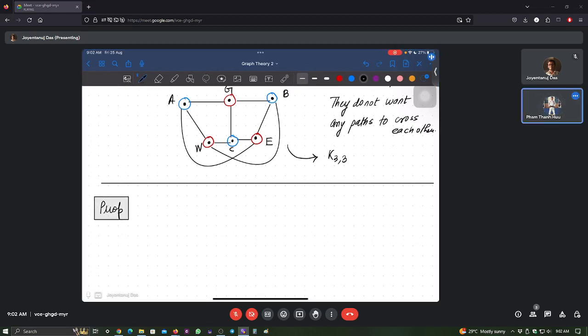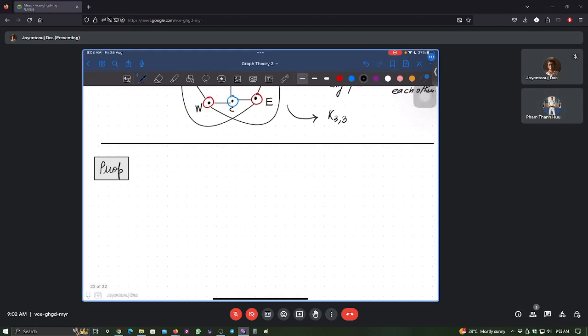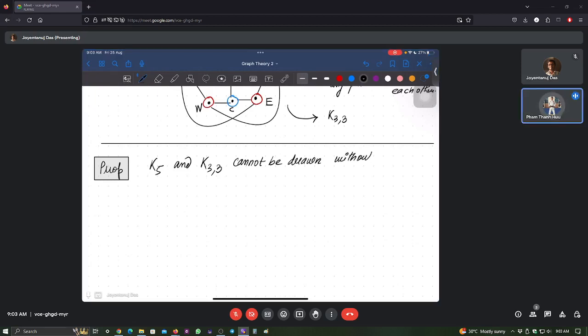So the next proposition gives us an idea: K5 and K3,3 cannot be drawn without crossing of edges.